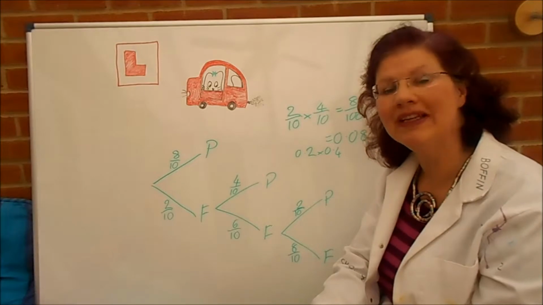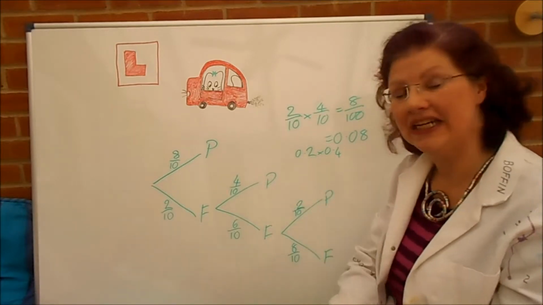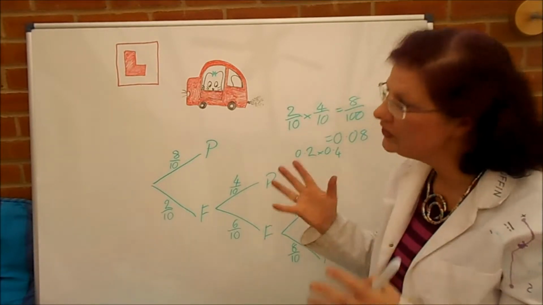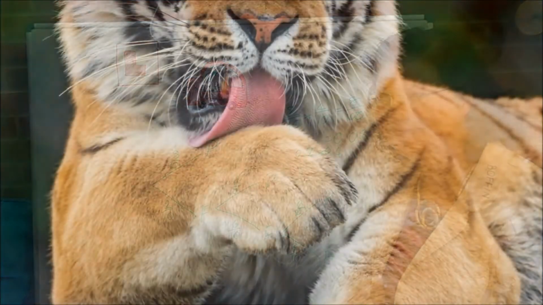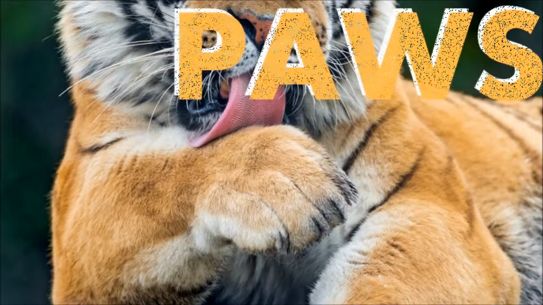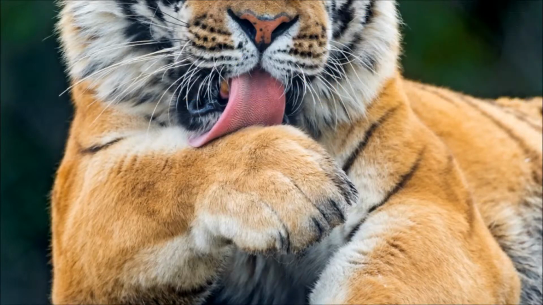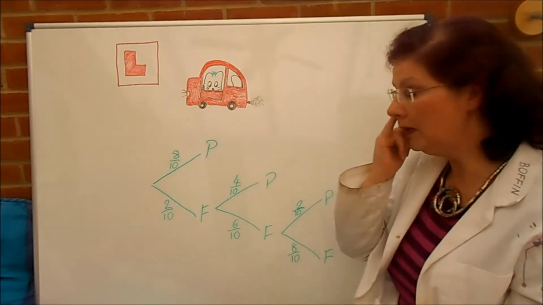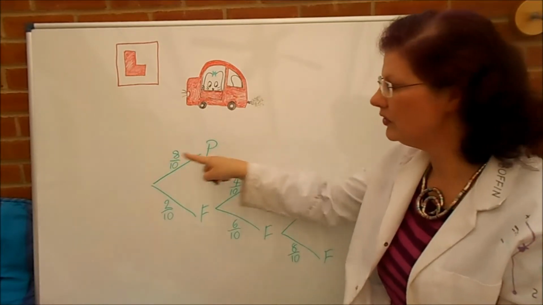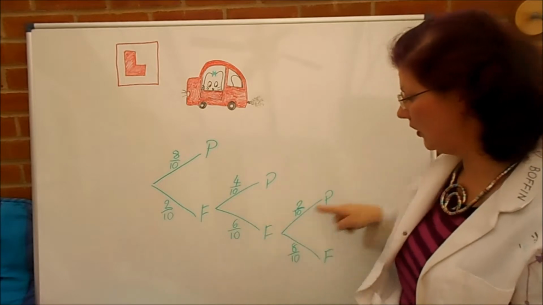For part C, please, I'd like to know the probability that she passes. What are the chances of Bathilda getting her driving licence? Right, there are 2 ways of doing this. One of them is to say she could go this route, or this route, or this route.